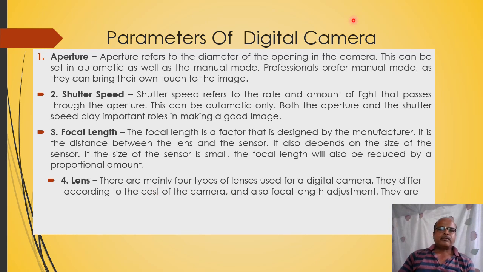So these are the parameters. Other parameters, lens parameters, are also there. Aspect ratio is there. If you study in detail, then you can say it is one subject on its own, digital cameras. In the exam you have to summarize the answers, that is, a generalized block diagram and some working explanation, due to time consideration.